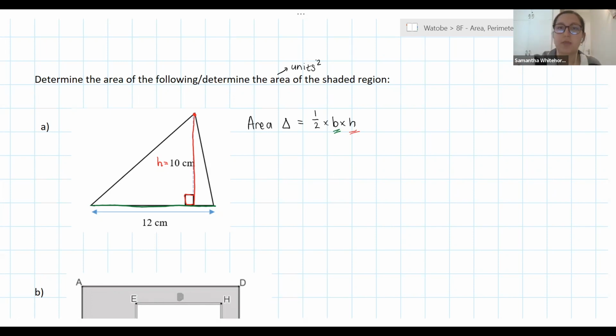I know it already came up in the chat, but see if you yourself can go and work out the area of this triangle. I've written the formula down for you. So all you need to do is substitute in your base and your height.